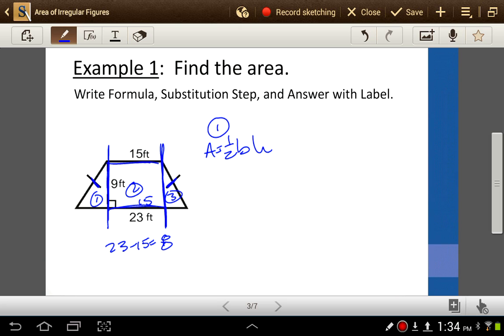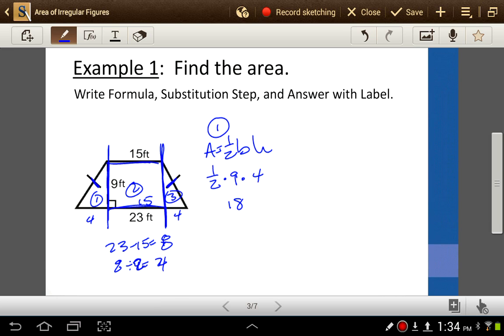Which means I have 8 left over. I have it broken into 2 equal pieces, so that's going to be 8 divided by 2, which is 4. Okay, so that's going to be 4, and that's going to be 4. Now I know my dimensions of that triangle. It's going to be 1/2 times 9 times 4. When you do that, you get 18.